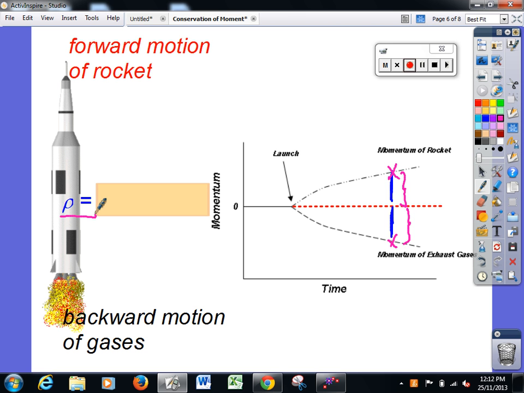The momentum of the rocket at all times must be maintained as zero. Now, even when it's moving at a ridiculously fast rate, the momentum of that rocket still remains zero. Okay. That's the overall momentum of the rocket. Please realise that that's the rocket's forward motion plus the gases out. Okay?